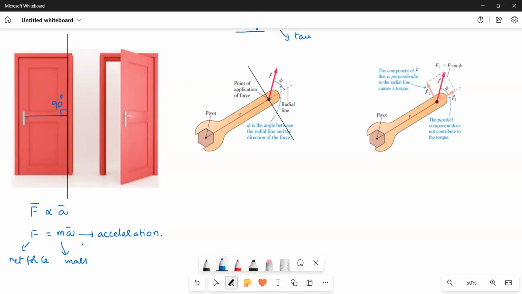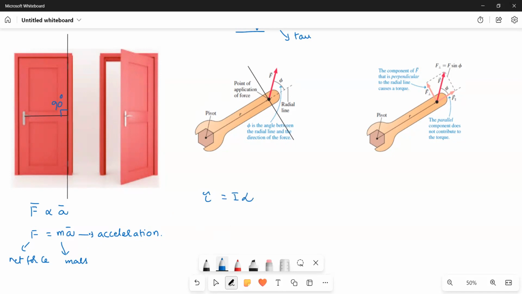Similarly, in rotational motion, where objects or bodies are rotating about an axis, a quantity called torque is required to rotate an object. Torque is responsible for the rotation of the object. So torque is equal to I alpha.